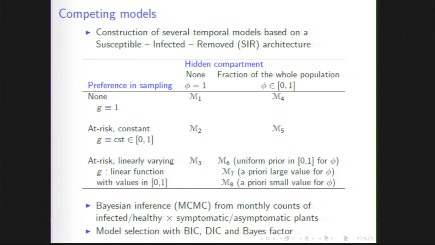And so to estimate the parameters of these models, we applied a Bayesian inference approach using an MCMC algorithm, and we estimated the model parameters based on the monthly counts of infected, healthy, symptomatic, asymptomatic plants.